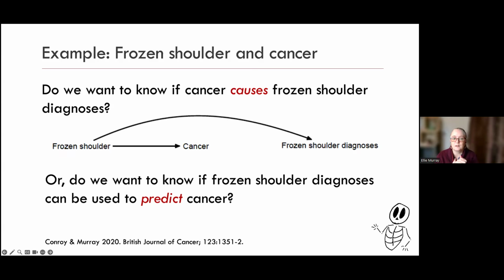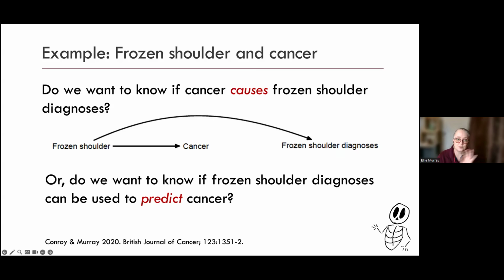But in fact, what the authors of this study were trying to do was to say, could we use frozen shoulder diagnoses as an early warning system for predicting cancer diagnoses? And in that case, since we actually don't think that cancer causes the frozen shoulder diagnoses, but we think that frozen shoulder and cancer might be somewhat related, we don't want to control for frozen shoulder, because the goal here is actually to detect the association that comes through the confounding pathway, because we don't believe that there's any true relationship between cancer and frozen shoulder diagnoses.